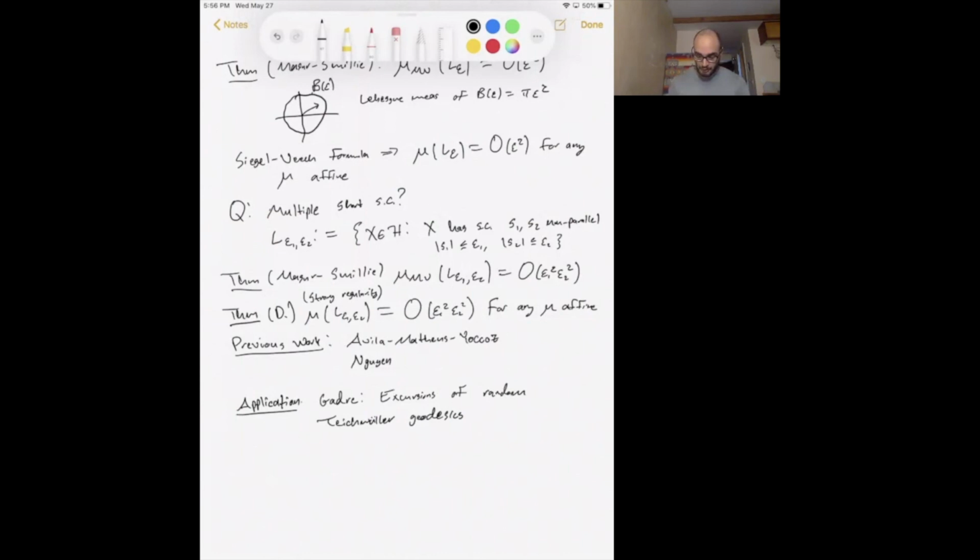Okay, so I'm going to talk about the proof in the second video, but just to give you a sense, the tools used in the proof are the multi-scale compactification.